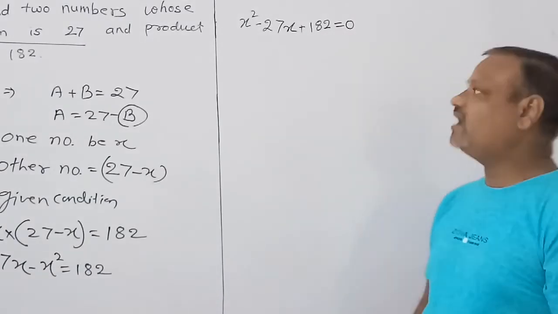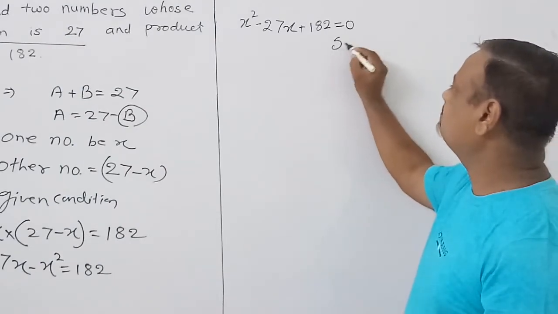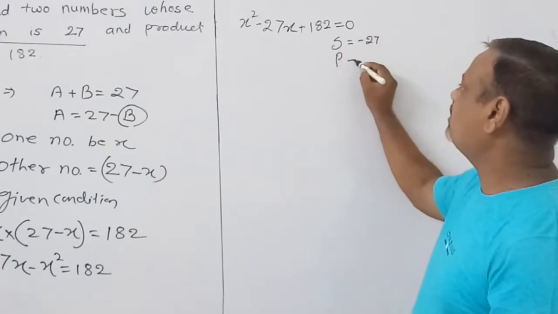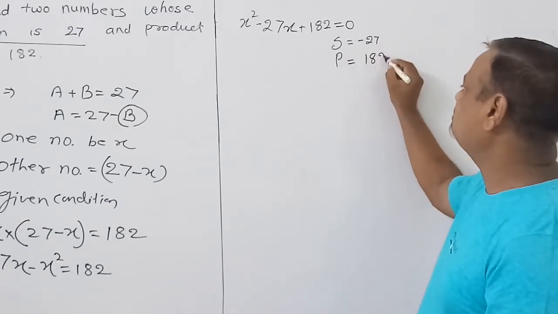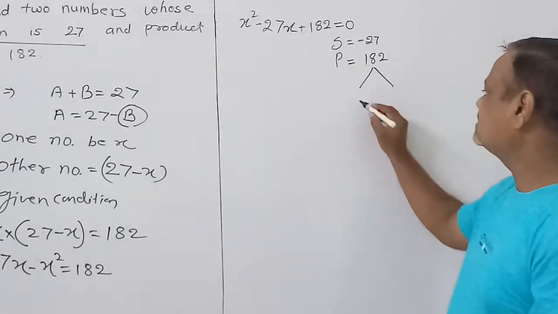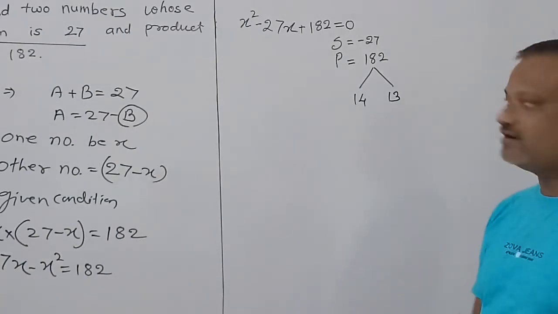Got it? Now we find the factors of 182. So what do we need? Sum is equal to minus 27 and product is equal to 182. So we find the factors of 182. The first factor is 14 and the second is 13. Got it?